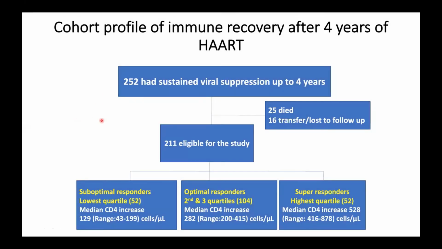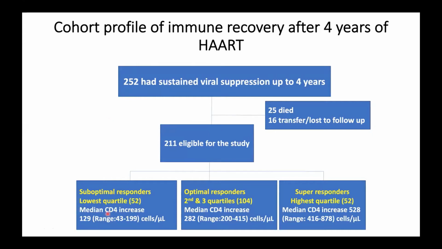So just coming back to this study that I mentioned at the Infectious Diseases Institute, just a very quick profile of those individuals. After 4 years of ART, 254 had sustained viral suppression up to 4 years. And among those, they picked 211 who were eligible for this study.